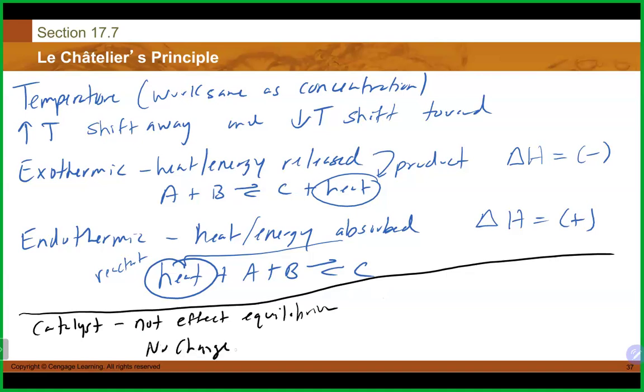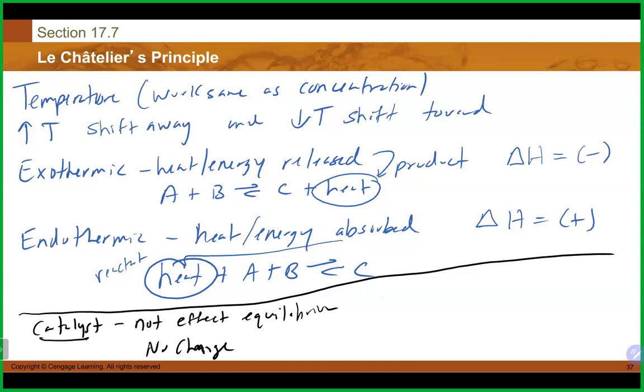A reminder that, as we talked about earlier, a catalyst is not a reactant and it's not a product. It is there just to help the reaction occur faster. It'll get you to equilibrium quicker, but it will not cause any shift in that case. So it causes no change.